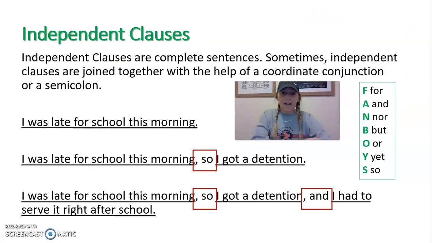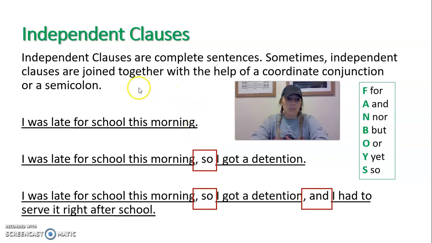Okay, so independent clauses, this is kind of a review from what we did last semester, okay? So remember, independent clauses are complete sentences. Sometimes you can join together independent clauses with the help of a coordinate conjunction or a semicolon, right? Which is some things that we did last semester again. So here's some examples.